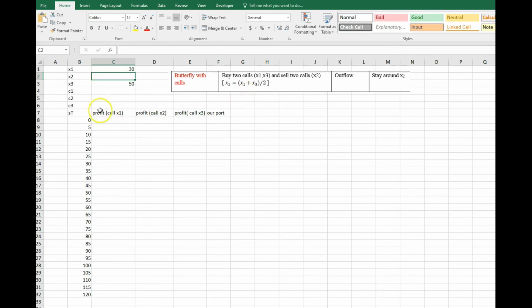Let's assume X1 is 30, X3 is 50. So its average is 40. We just assume some premium. When the exercise price is low, the premium should be high. So randomly choose 5, 3, and 1. Okay, so this is the stock price.